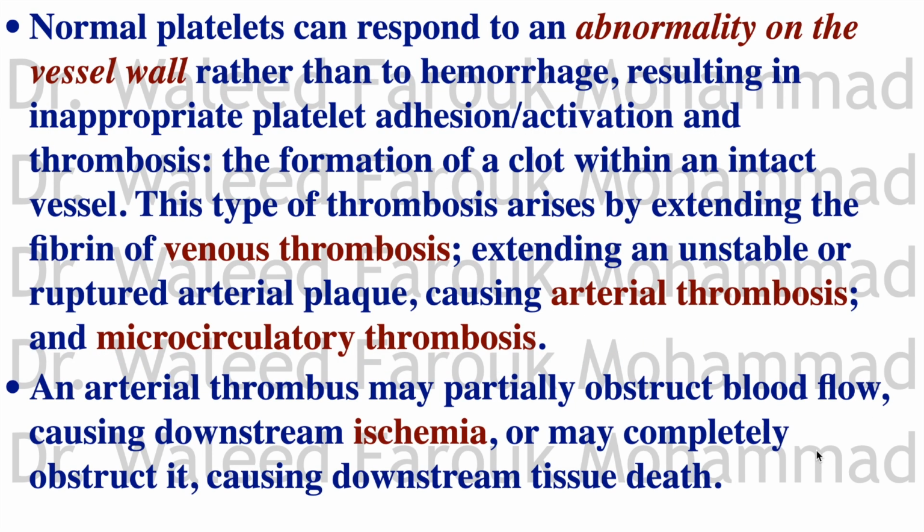Normal platelets respond to any abnormality on the vessel wall. Sometimes clotting happens in an intact vessel because the inside of the vessel is affected by an irregularity, such as atheroma, for example, in atherosclerosis. And so clumps may be produced in veins, producing venous thrombosis, in arteries, arterial thrombosis, or microcirculatory thrombosis.